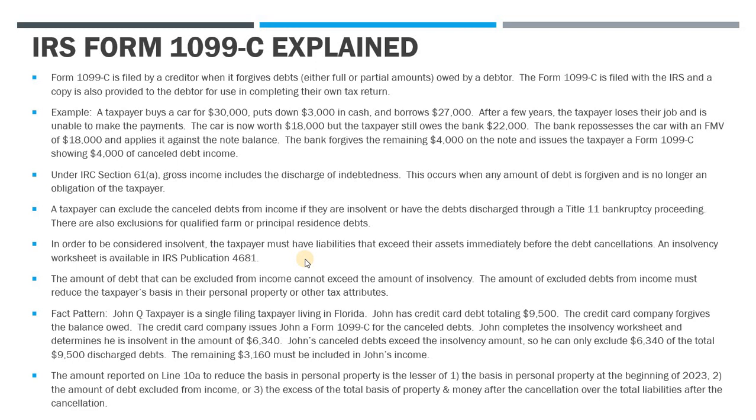Now, if you can manage to have any debts excluded, it's not exactly a free lunch, right? So if you can exclude the amount of debt discharged from income, you have to reduce certain tax attributes. So things like net operating loss carryforwards, capital loss carryforwards, general business credits, or the basis in your personal property.